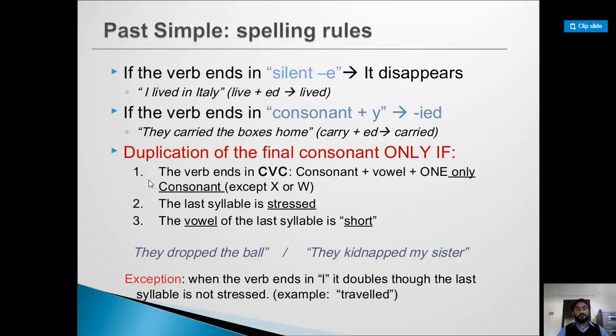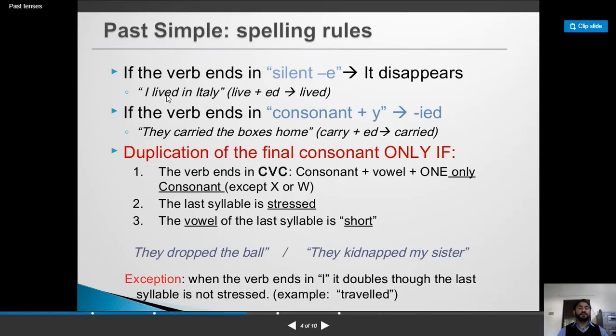So let's see what the spelling rules of the past simple tense are. If the verb ends in a silent e, it disappears. Here, live: I lived in Italy.